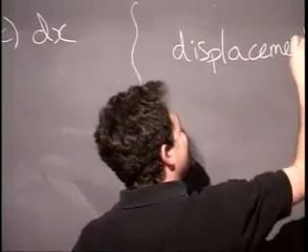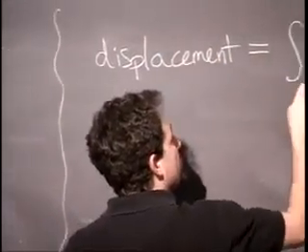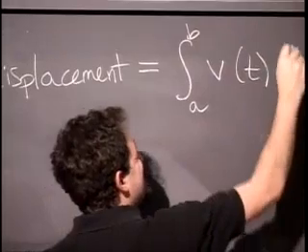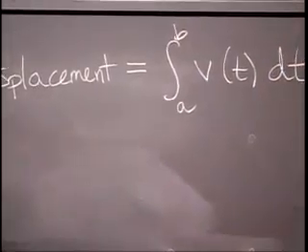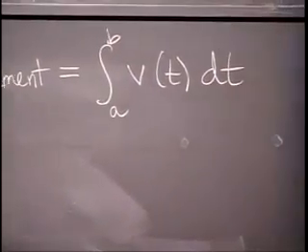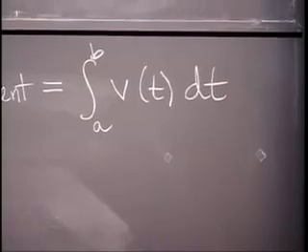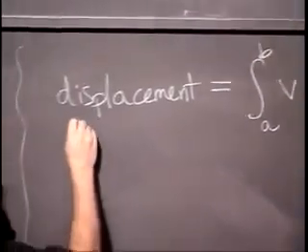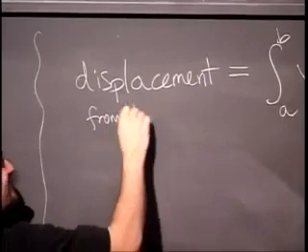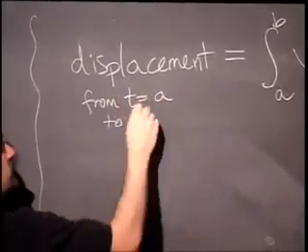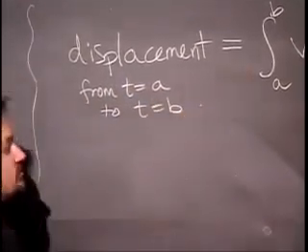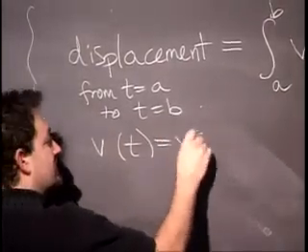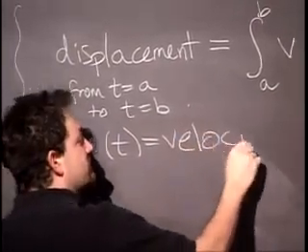Displacement is the integral from a to b of v of t dt. It's just the same as what we've been looking at, but instead of f of x dx, I go v of t dt, where this is the displacement from time t equals a to t equals b, and the assumption is that your velocity at time t is given by v of t.